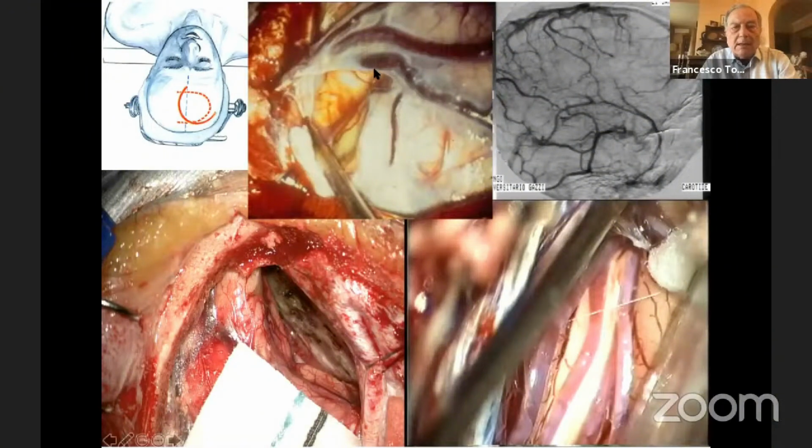As you see here, we can have the evaluation of the bridging veins with the preoperative venogram, as here. And you see that we can use a relatively small approach to go through the interhemispheric fissure just to reach the corpus callosum, as here.